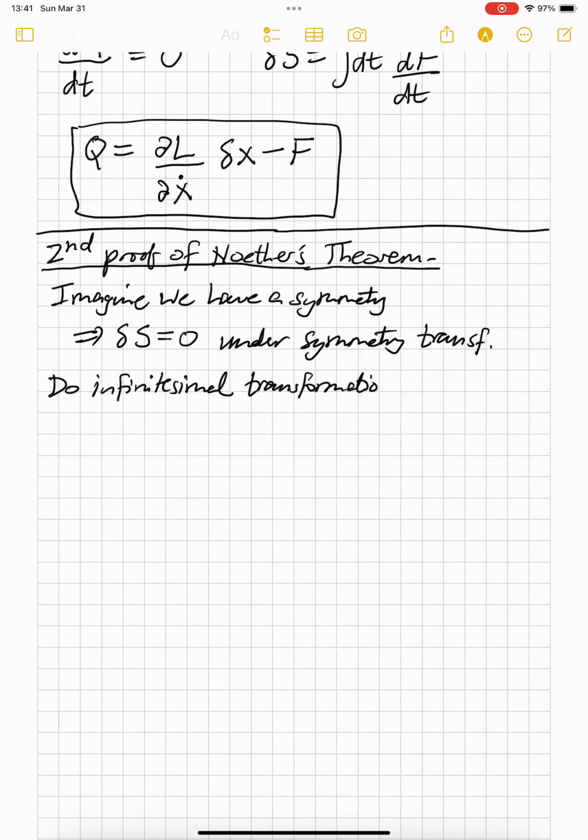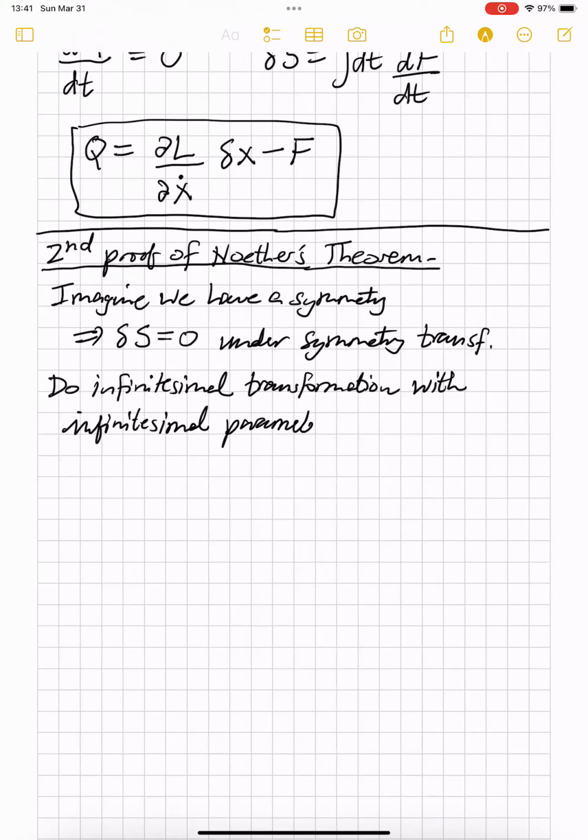By transformation here, I could be doing a translation by some distance, I might be boosting by some rapidity, or I might be rotating by some angle. By infinitesimal transformation, I mean that I've taken an infinitesimal parameter of the transformation.